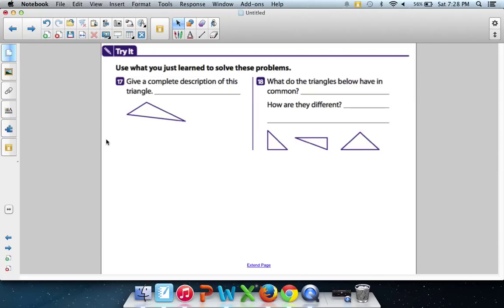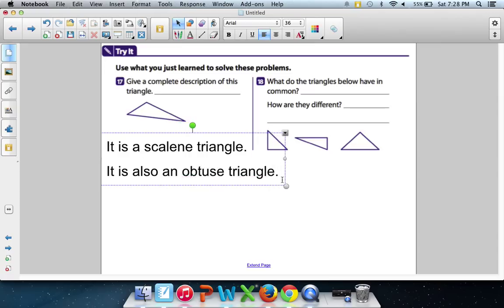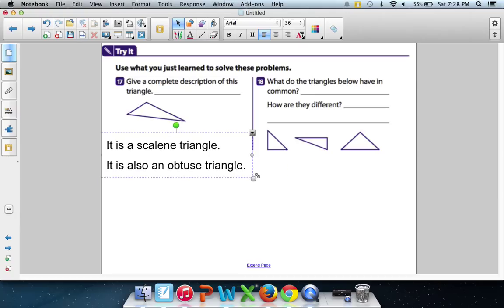So if none of them are the same, that's scalene. It is a scalene triangle. What about the angles? Remember, if it even has one obtuse angle, it's an obtuse triangle. And I do see an obtuse angle up top on the top of the triangle. It is a scalene triangle. It is also an obtuse triangle.